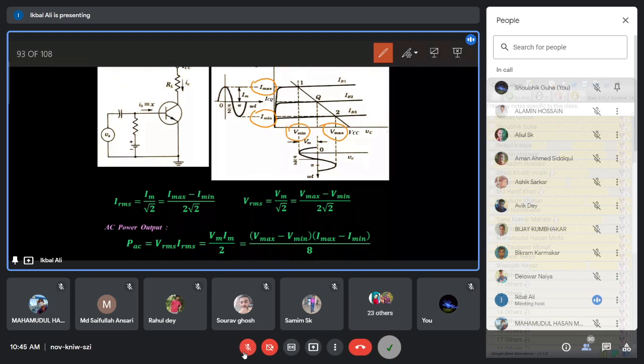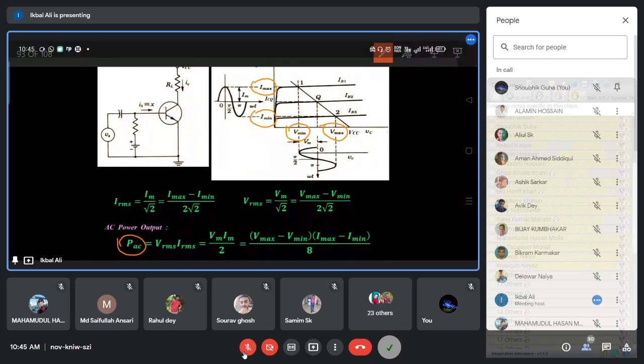If you know these 4 coordinates from the graph, then you can calculate how much AC power will be generated by this class A power amplifier. So it is very easy in this graphical method. If you go for the equations, then it will be very difficult to understand how to calculate it and what you are actually doing.